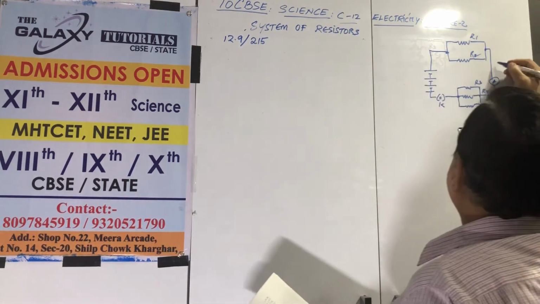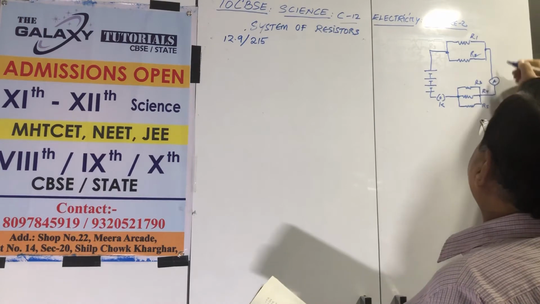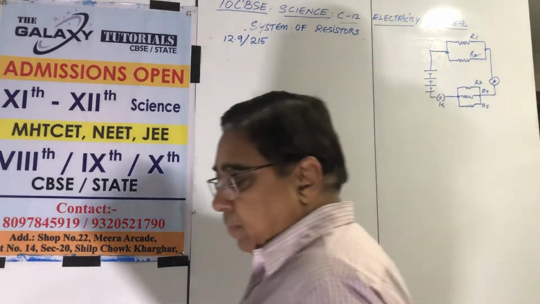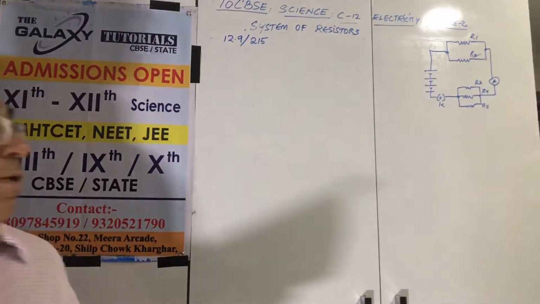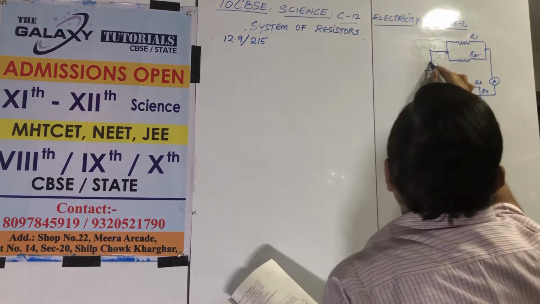Okay, so this is how we are showing. So current I flows through the circuit.